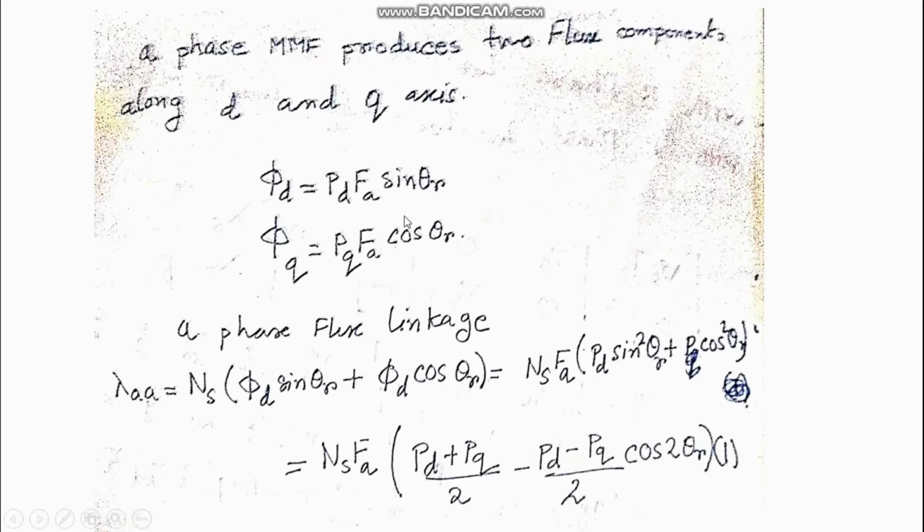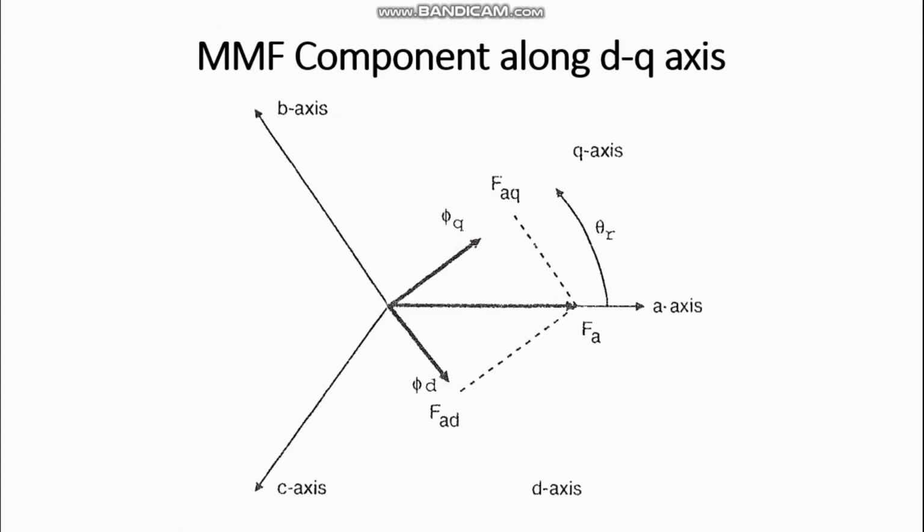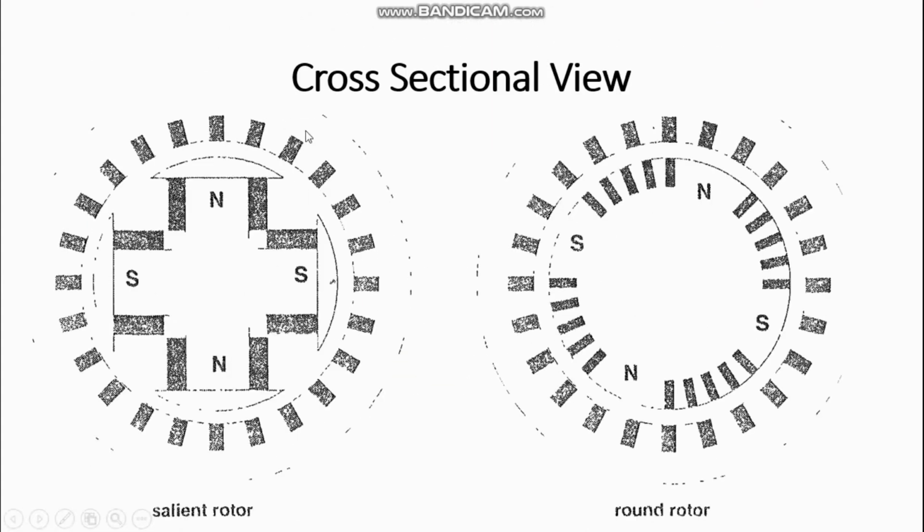At a particular instant, I am again mentioning that we are dealing with instantaneous values. PD and PQ are two different values of permeance: PD is the permeance along the direct axis and PQ is the permeance along the quadrature axis.